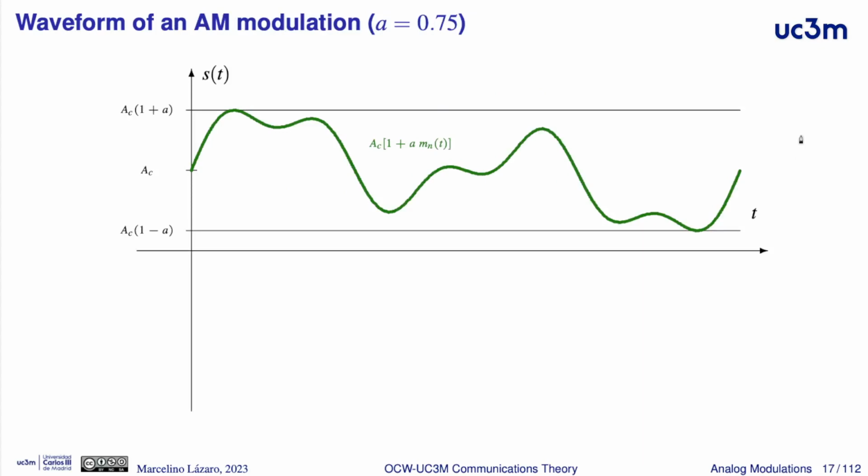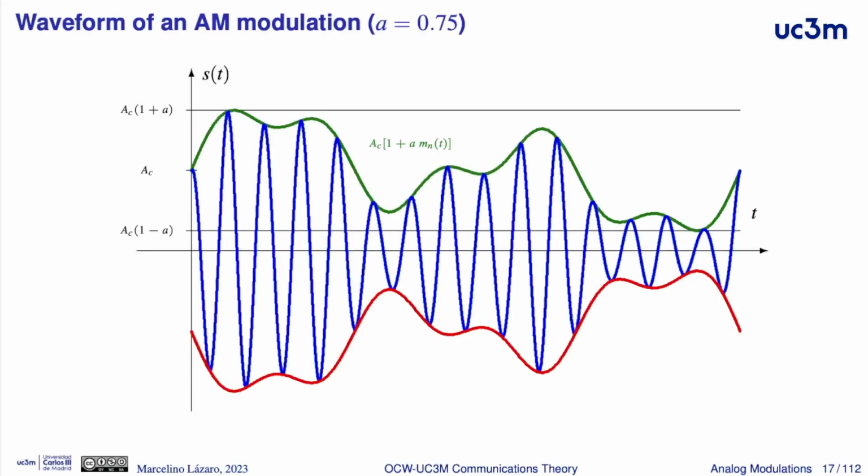For instance, here we have an example for a modulation index equal to 0.75. The amplitude term that is now multiplying the cosine is never negative, and the modulated signal has no overmodulation.